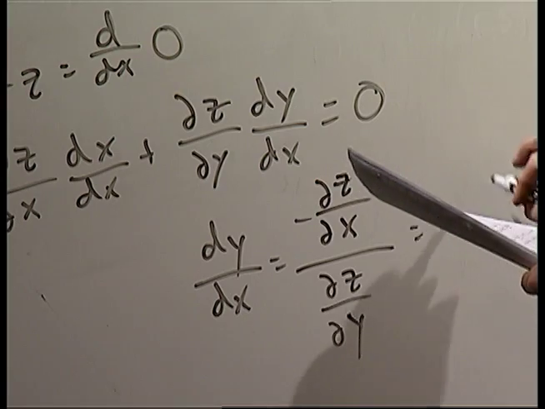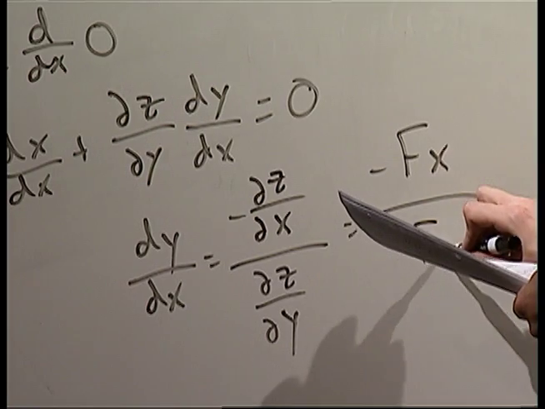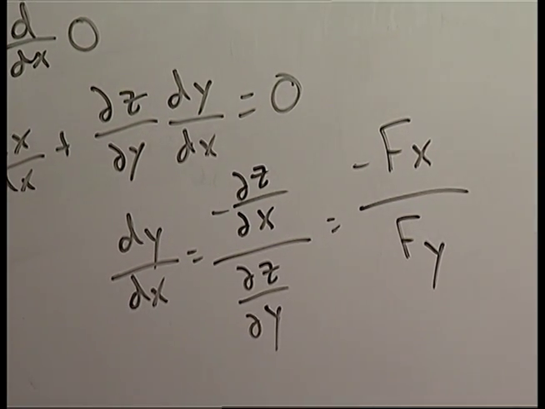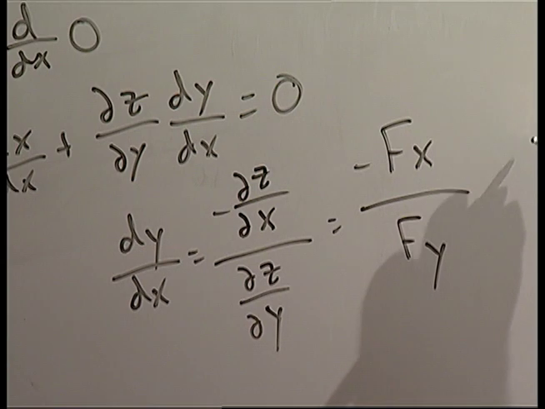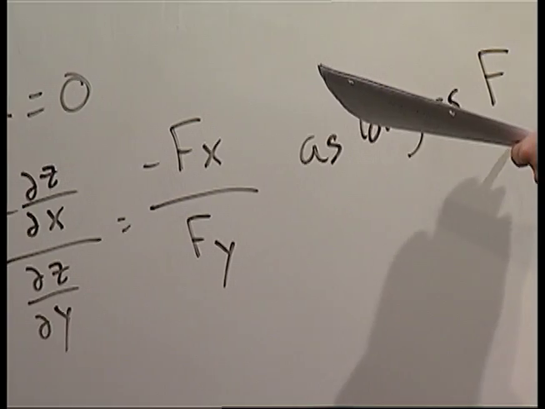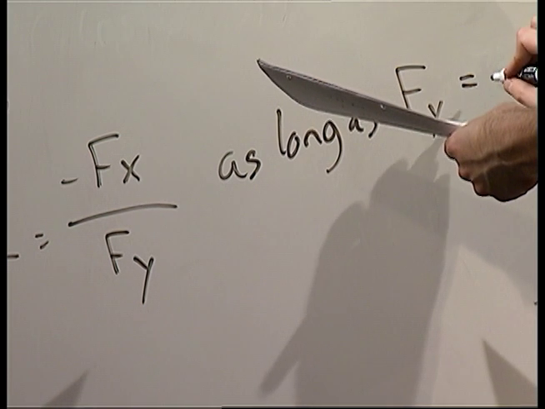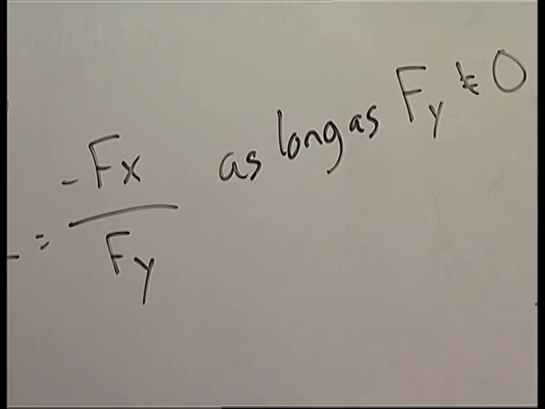And a shortened way of saying that is this subscript notation. We don't really use this that much, but that subscript notation, right? F sub x over f sub y, as long as f sub y is not 0.